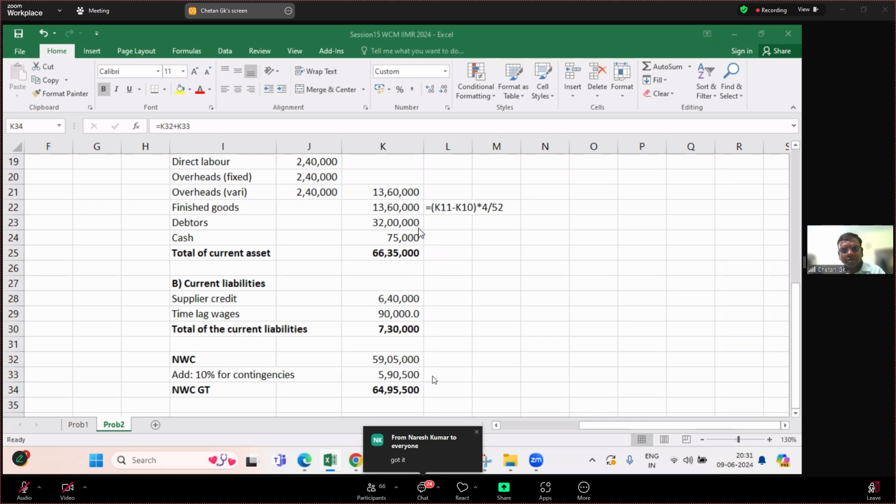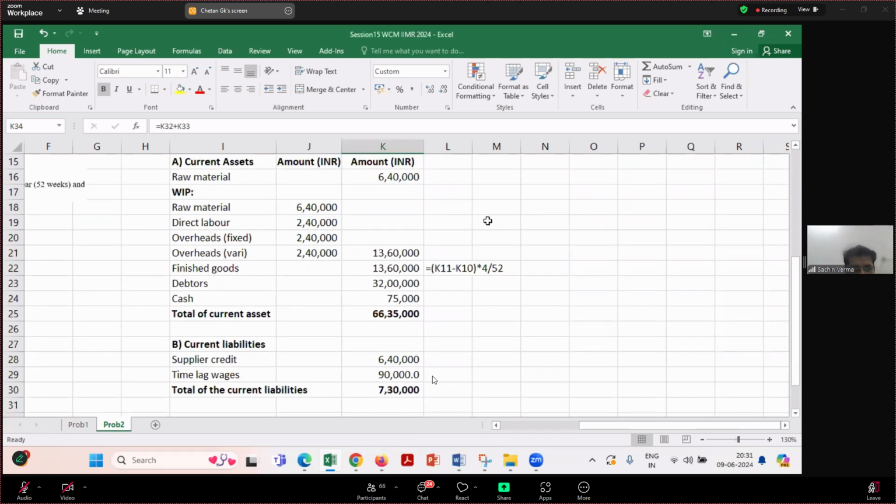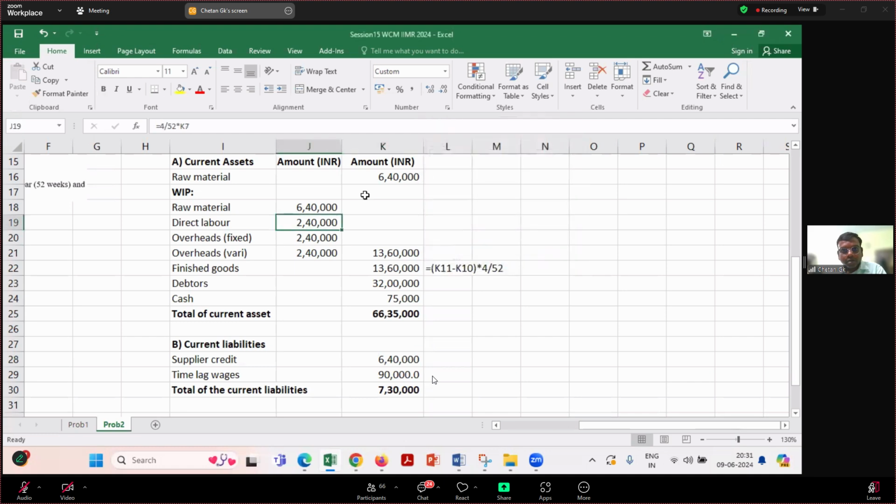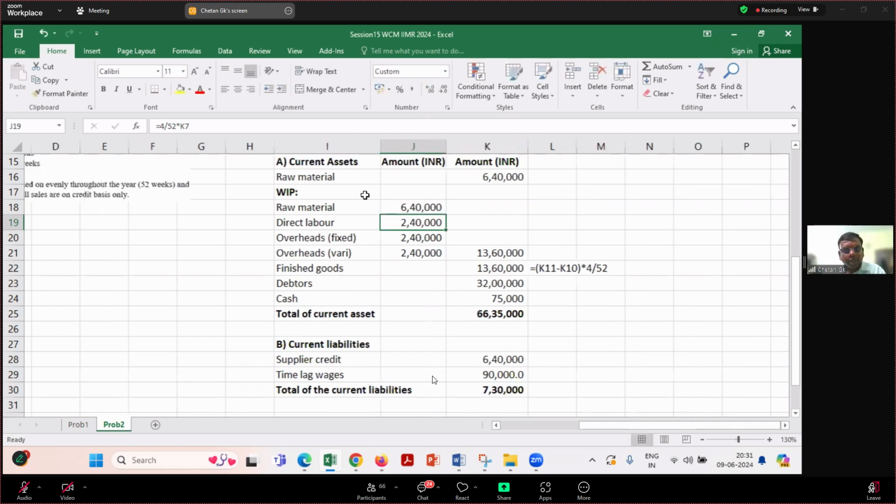So for current liabilities, you have considered 4 weeks. 4 divided by 52, direct labor in your J19. 4 by 52, so that is for 4 weeks you have taken. Why is that so?